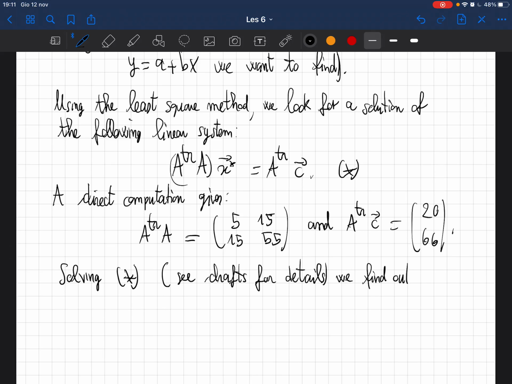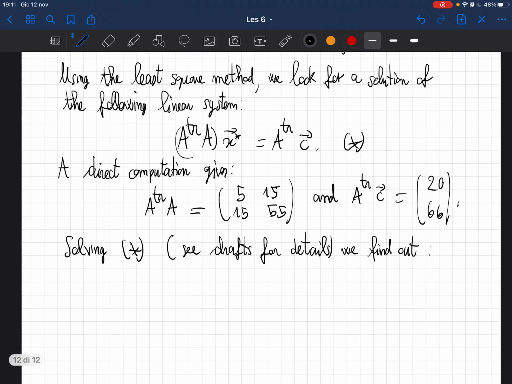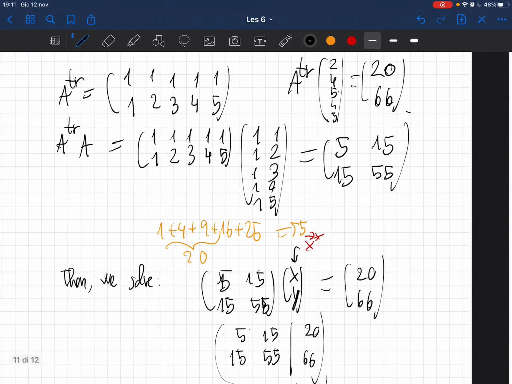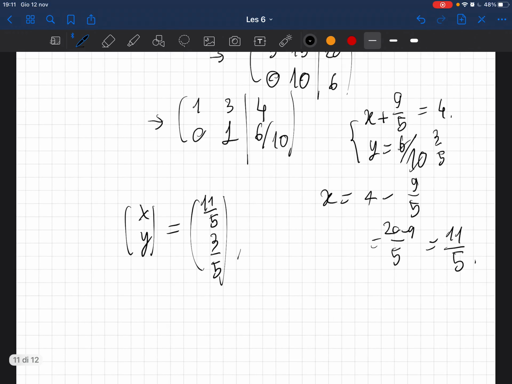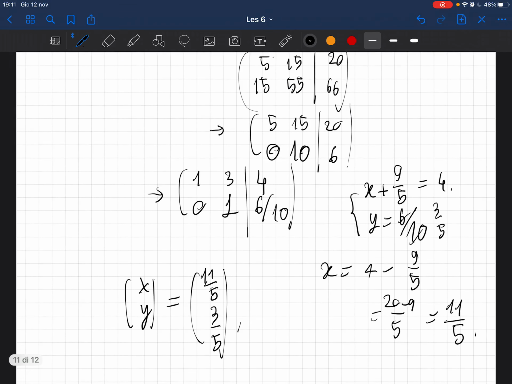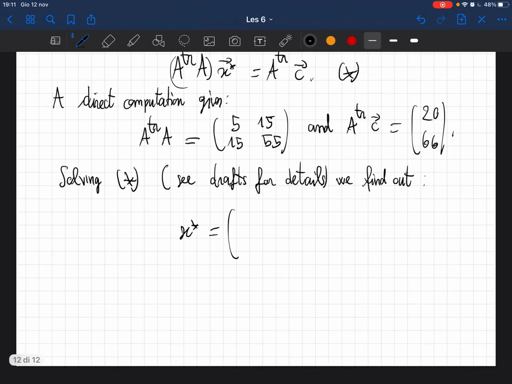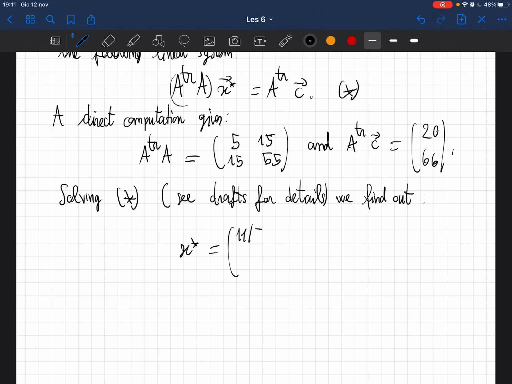We find out that x is equal to, okay, 11/5, 3/5.